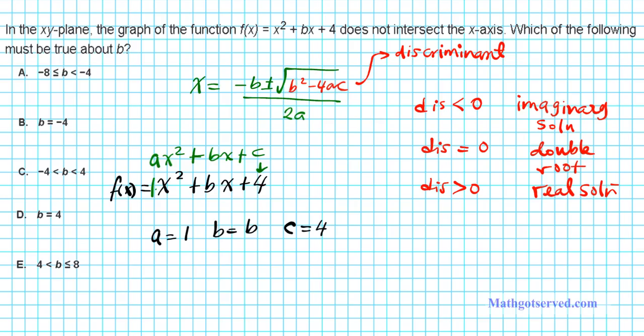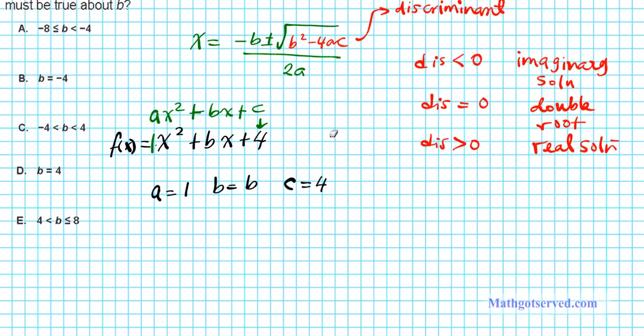Now, to find out what condition satisfies this situation, we have to set up an inequality. If we have no intersection, we said that the discriminant must be negative. So b squared minus 4ac has to be less than 0.